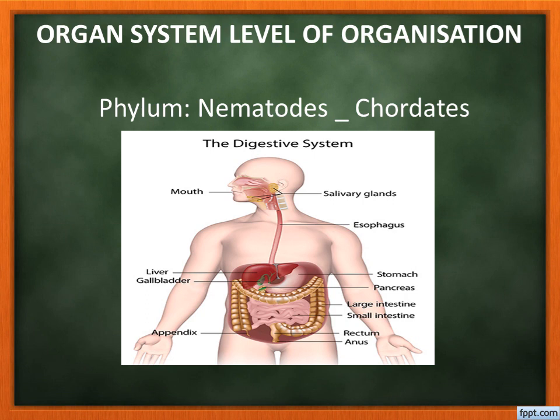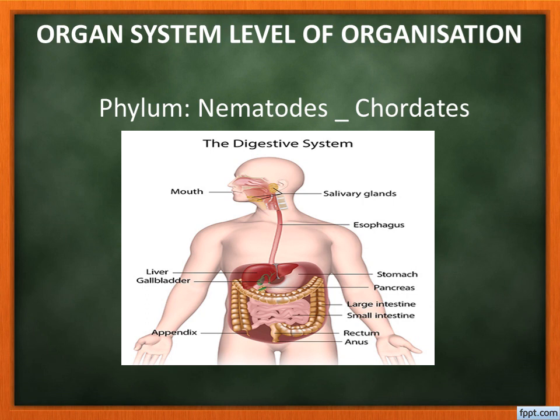Do you know what organs come under the digestive system? Of course: mouth, salivary glands, esophagus, stomach, pancreas, liver, large intestine, small intestine, rectum, anus. These organs are arranged to form an organ system. All of them together do one function, called digestion. So this organization is called organ system level of organization.